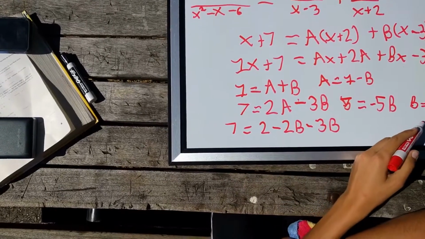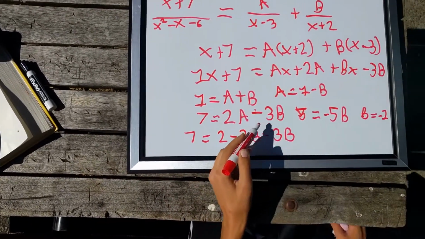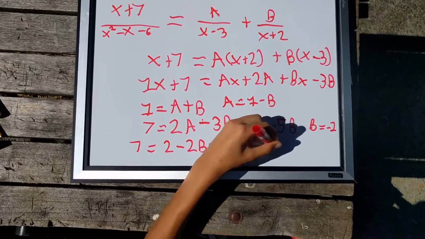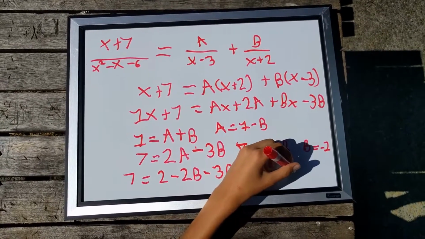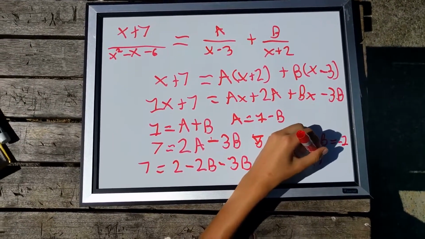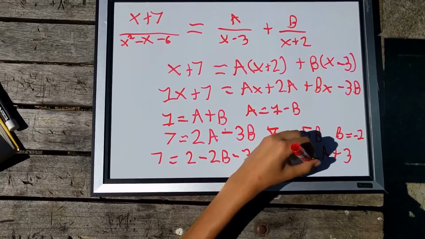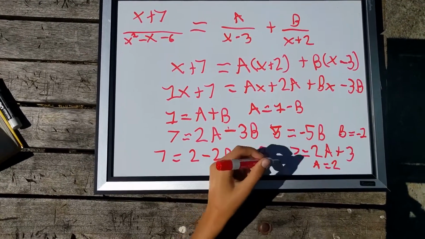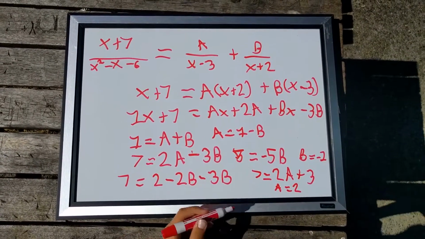You plug minus 1 in here to get 7 is equal to 2A plus 3. So A is equal to 2, because 7 minus 3 is 4, and then you divide by 2, which makes A equal to 2.